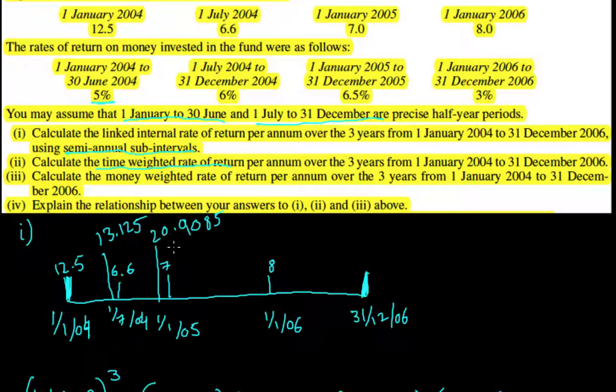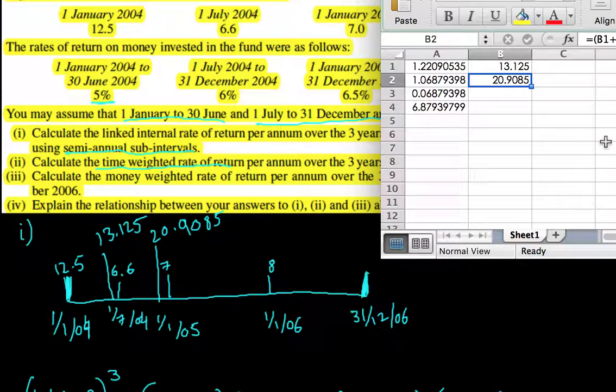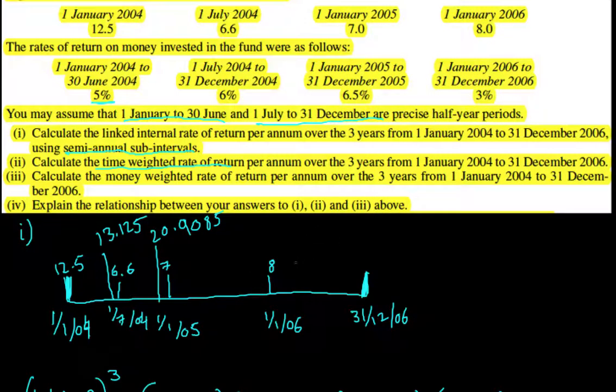So let's write that one down, 20.9085. Then we get to add 7 to that, and it's going to accumulate at 6.5% per annum. So it's going to be equal to that plus our 7, multiplied by 1.065. And that gives us 29.7226.